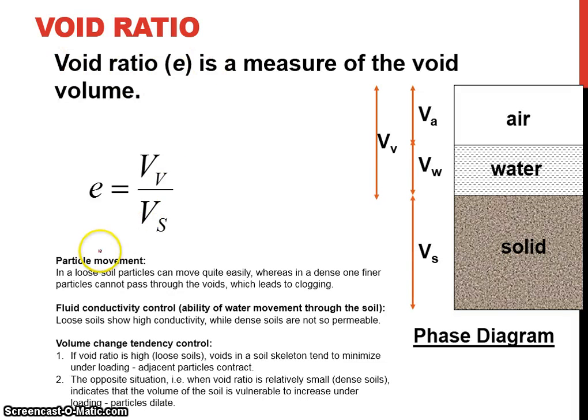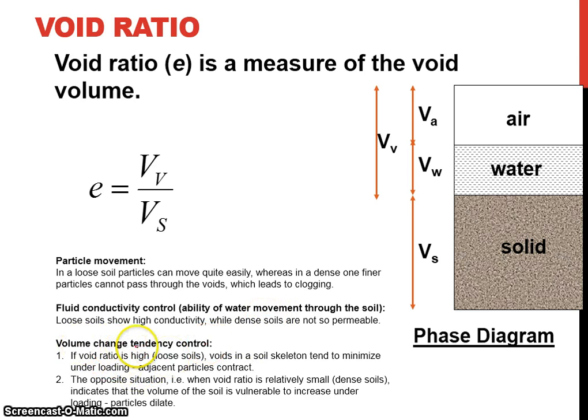Okay, the significance of knowing the void ratio is, first, for particle movement in the soil. For loose particles, with a higher value of e, the soil particles can move quite easily, and the opposite for the denser one. For fluid conductivity, a high void ratio shows very high conductivity, meaning water easily passes between the soil particles.